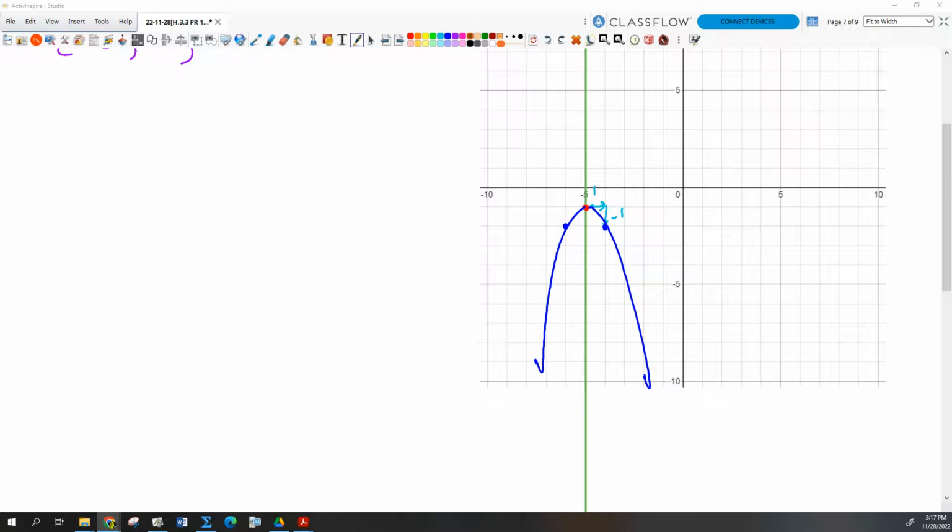Where's the function increasing? How's an ant walking when a function is increasing? He's going up. He's going up when he's walking in the positive x direction. If he's walking uphill, the function is increasing. So where is that happening? Where is the ant walking uphill from left to right?